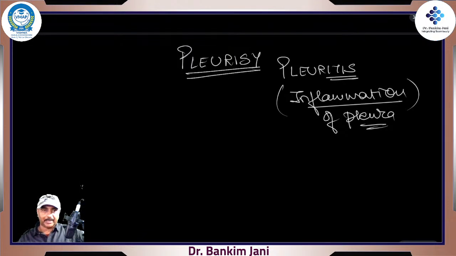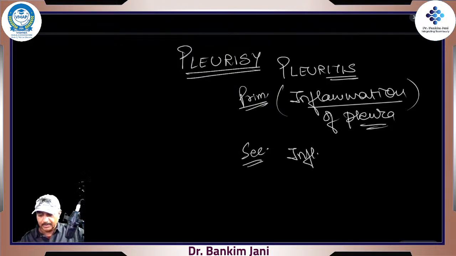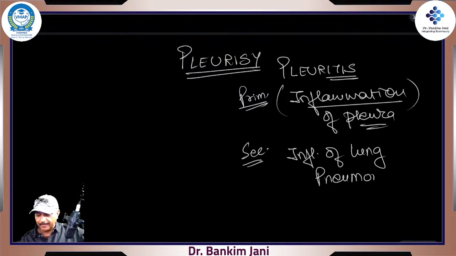Now it could be primary or secondary. Primary means straight infection of the pleura. Secondary means it is occurring because of something else, maybe because of inflammation of the lung, which is called pneumonia. So inflammation of the lung can lead to inflammation of the pleura.